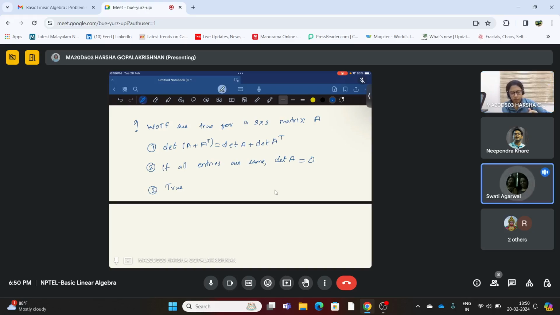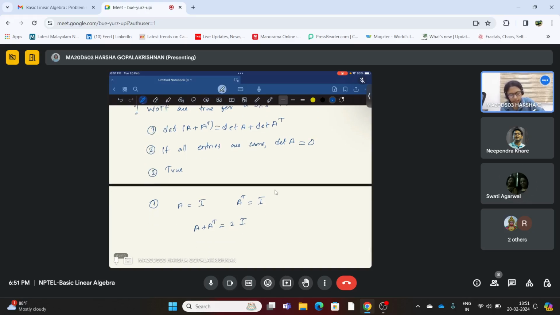If we take the identity matrix, it is clear. We can always start with simple examples. Take A equal to identity, so A transpose will also be identity. What is A plus A transpose? It is 2 times identity. Now the LHS is the determinant of A plus A transpose, that is the determinant of 2I.